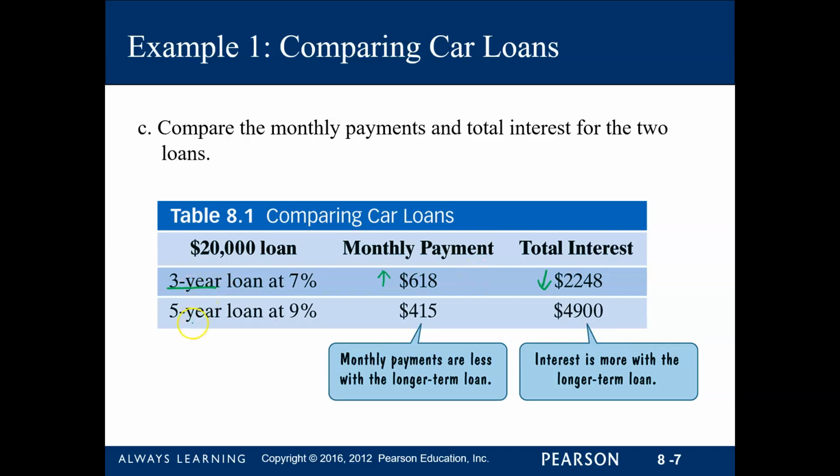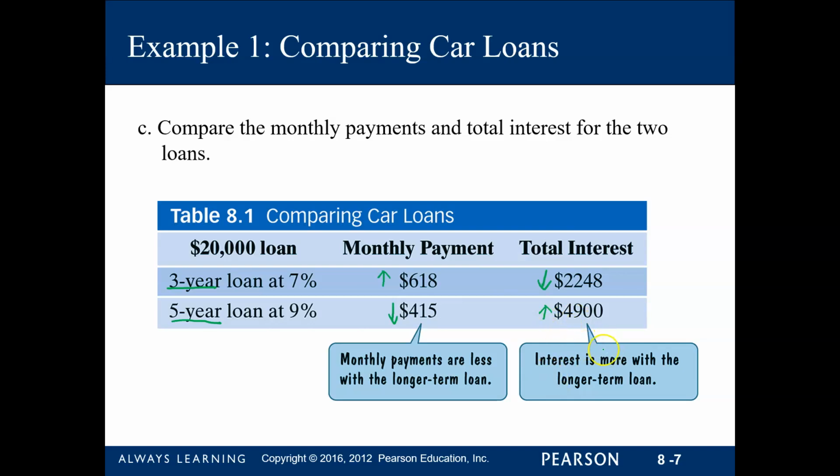Now, if you have a longer term for the loan, your monthly payment tends to go down, but the disadvantage is that you are paying more interest because it is for a longer time period.